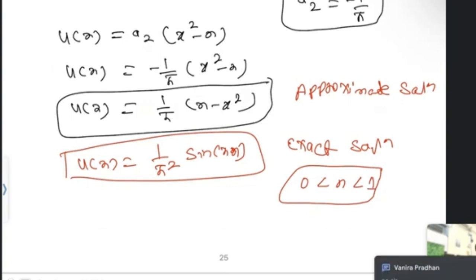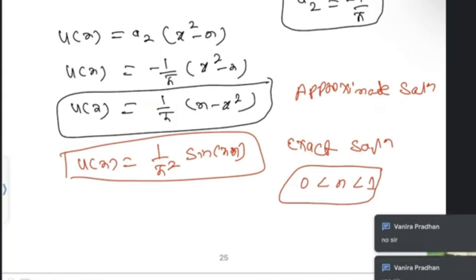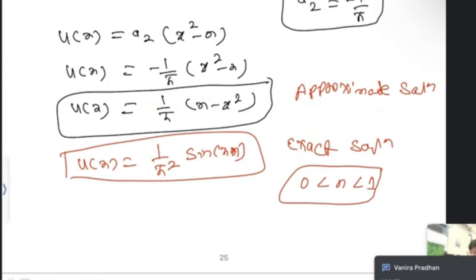You know about MATLAB, right? You just want to see how much variation we are getting. So I will plot this in MATLAB and show you what is exactly happening here. Right, I will present my screen.